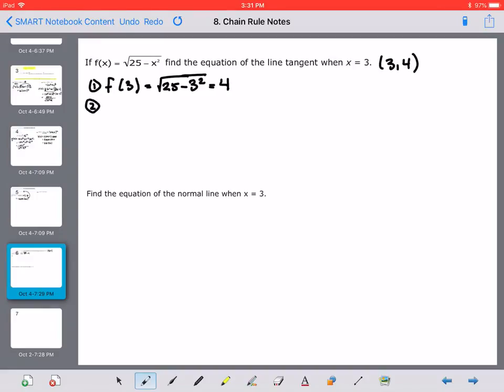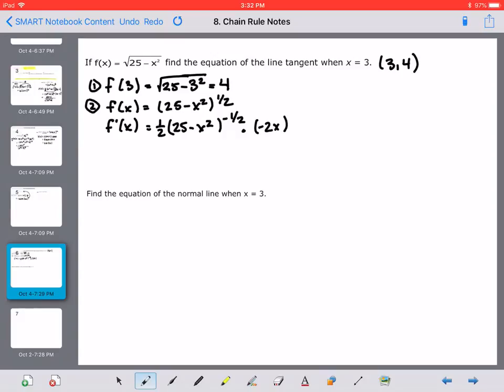Second step is to find the derivative. So the first thing I'm going to do is take my function, I'm not taking the derivative yet, and actually rewrite. Okay, now my derivative, so f prime, chain rule says 1/2 in front, derivative of the outside, with the inside the same, times the derivative of the inside, which happens to be -2x.